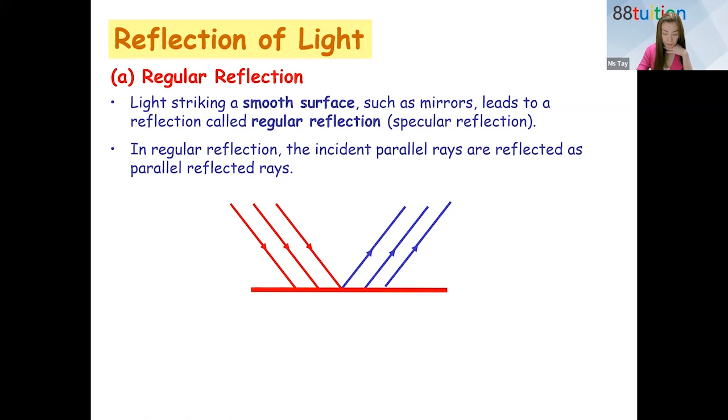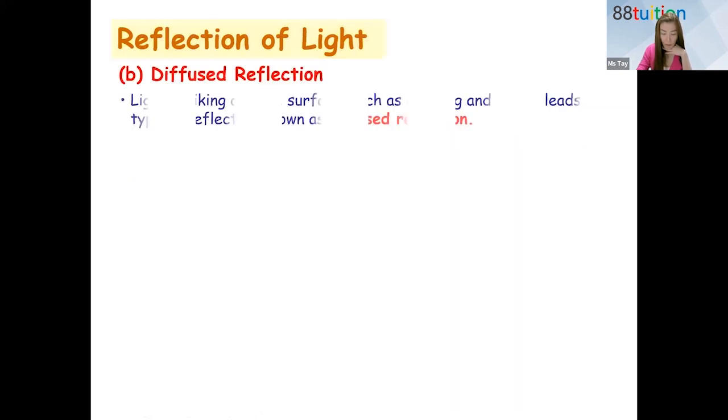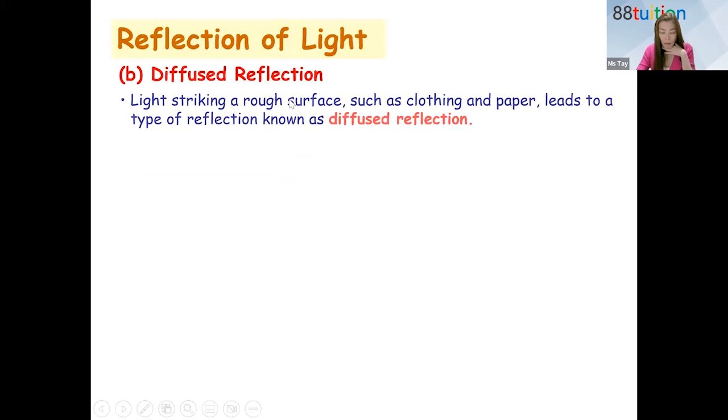If it's a diffuse reflection, this involves rough surfaces, or water that is not still but moving, maybe there's a little bit of wave.